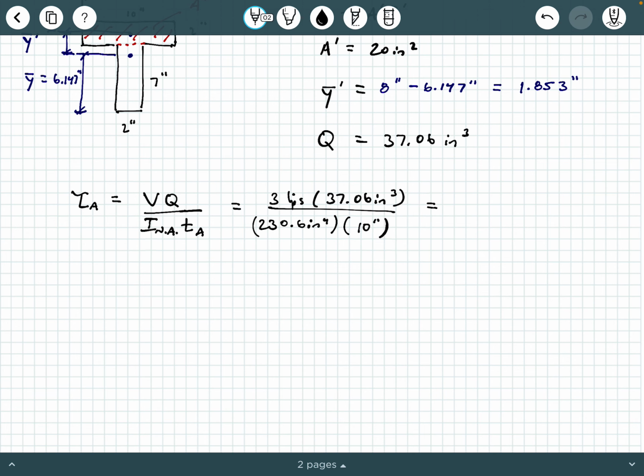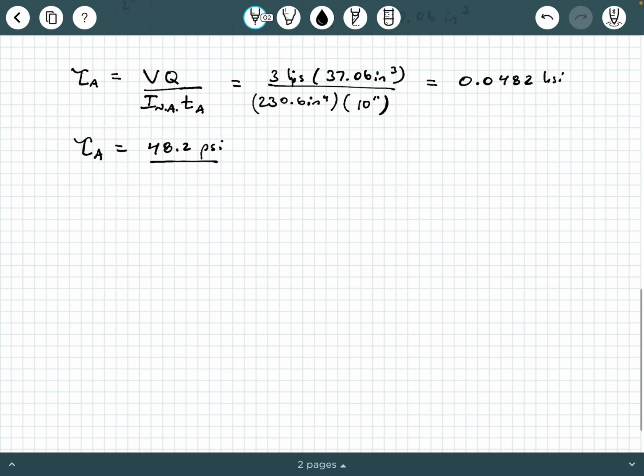And so we punch this through and we get 0.0482 KSI, or we could rewrite that as 48.2 PSI. So that is one of those shear stress values.